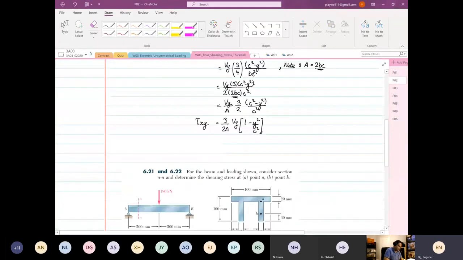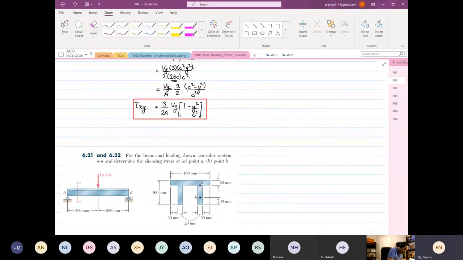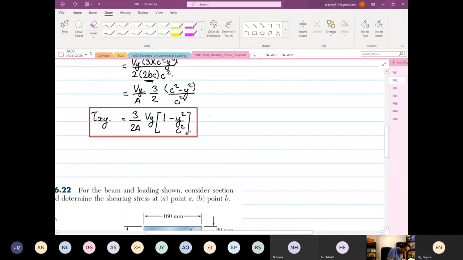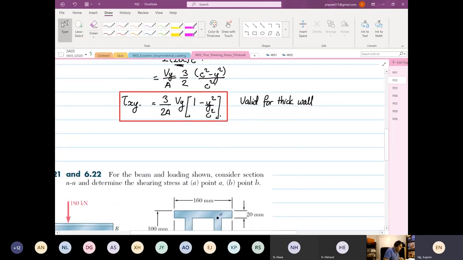So what does this actually mean? As engineers, it's not just, this is the formula, we're good to go. It's more than that. This is a formula that we have derived, and it is only valid for thick wall. Probably next Thursday we can go into thin wall analysis.